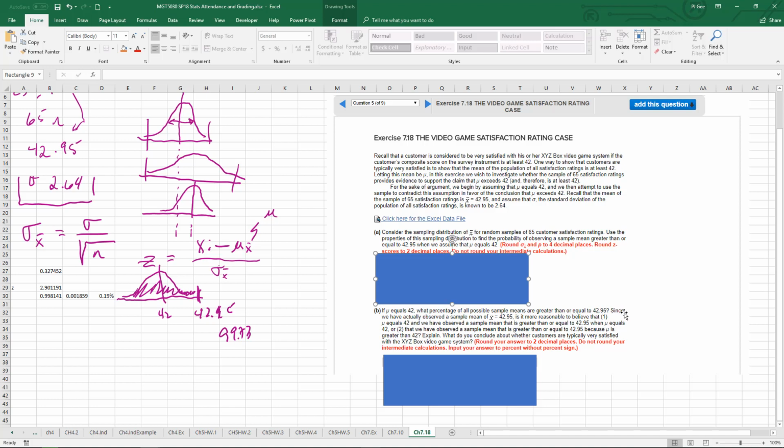Since we have actually observed a sample mean of 42.95, now remember that number is 3 sigma up from our implied mean of the population at 42, is it more reasonable to believe that one, mu equals 42 and we have observed a sample mean that is greater than or equal to 42.95 when mu equals 42, or two, that we have observed a sample mean that is greater than or equal to 42.95 because mu is greater than 42?